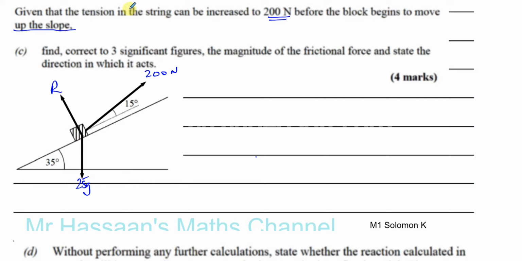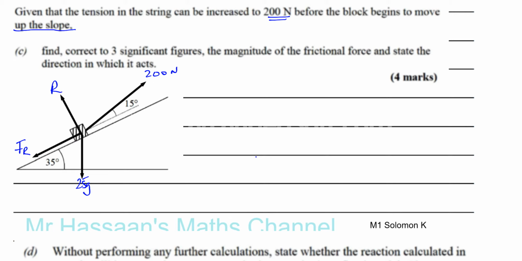So basically, if the block is trying to move up the slope when the tension is 200 newtons, then the frictional force is going to be opposing that motion. Friction always opposes the motion that's happening or is trying to happen. So the frictional force has to act down the plane in this case, because it's about to move up the plane. It's going to be pulled up the plane by this force. This is going to oppose the motion. So that's what we have to take into account.